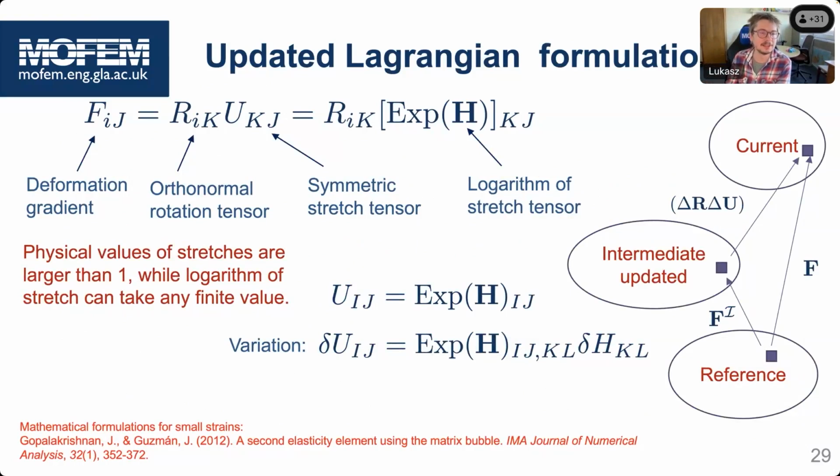In that case, we're using this polar decomposition: we use the exponential map to calculate the rotation, and we use the exponential map to calculate the stretches. I want to say that in the future, you can look for different decompositions. This is one of the simplest possible decompositions.